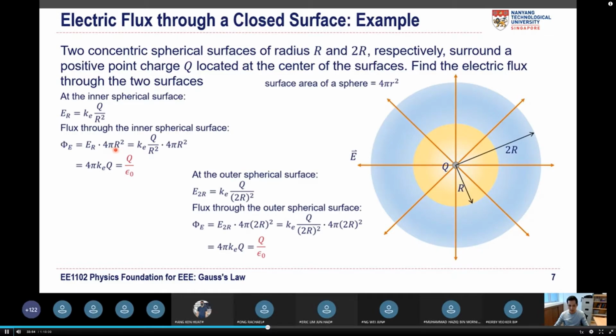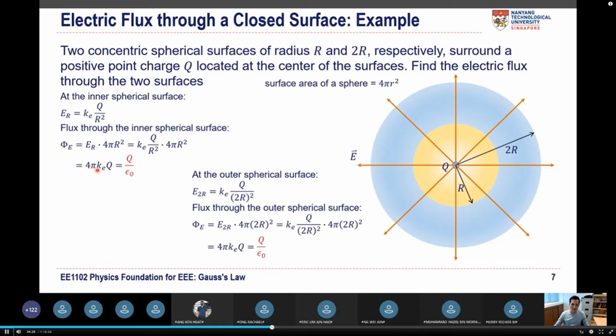So the flux going through the entire small sphere is E_r times 4 pi r squared. Knowing what E_r is, we can simplify and we get Q divided by epsilon 0. Everything just cancels out.